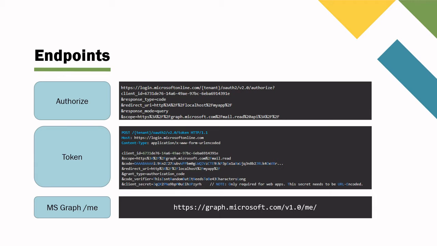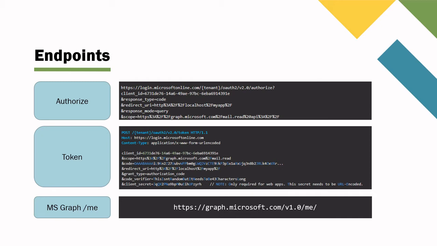The authorized endpoint has a set of parameters that it needs as request parameters, for example, the client ID, the response type, the redirect URI, response mode, scope, etc. When we go to the demo, I'll show you how you can get all these parameters and populate that. Once these parameters are defined correctly, a corresponding auth code will be given as a redirect.